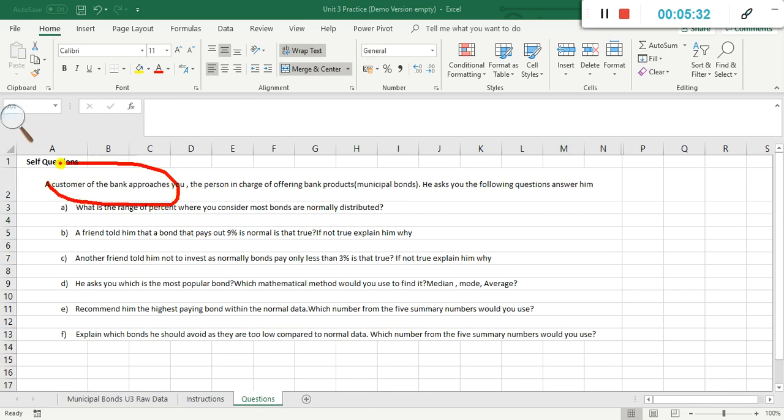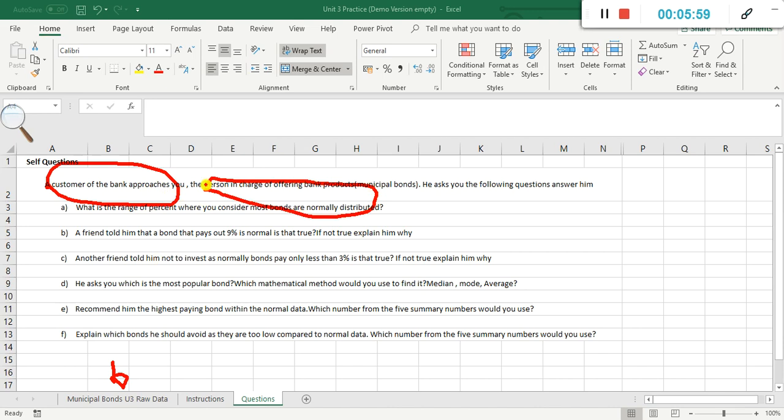Remember, these bonds are offered by a bank, right? It's like investment options for consumers. If you want to know more about bonds, you can send me a message and I can explain further, but you're going to learn that in economics or finance or something like that. So anyways, in this case, a customer of a bank approaches you. You're working at a bank. You're the person in charge of offering bank products.